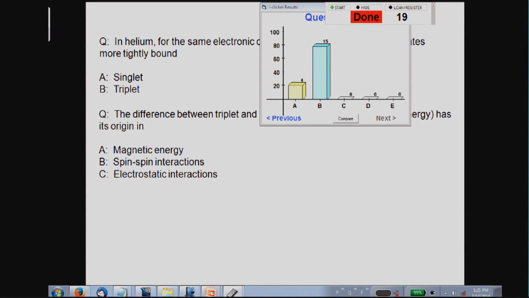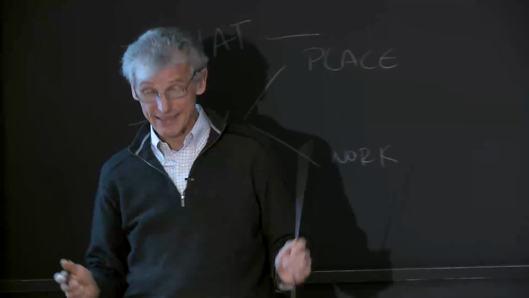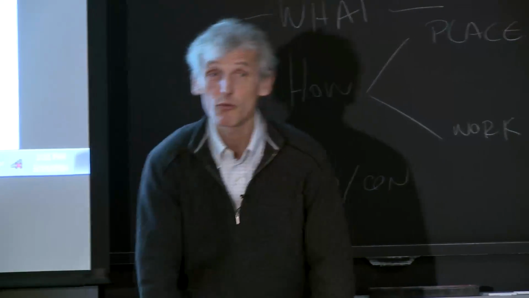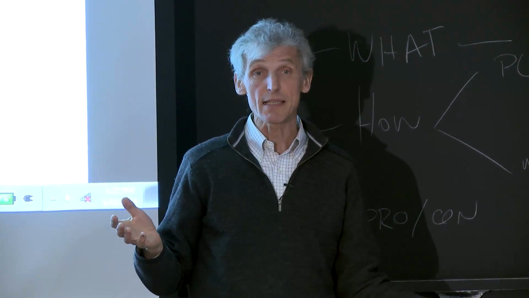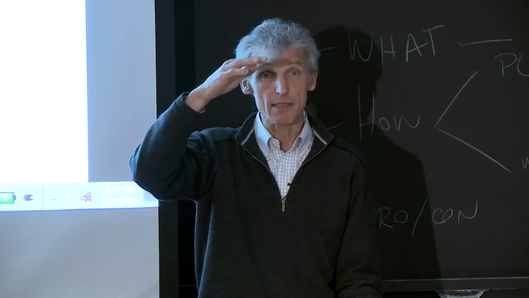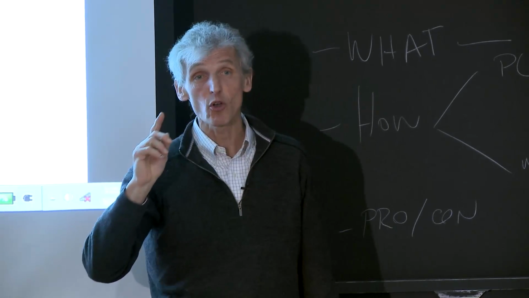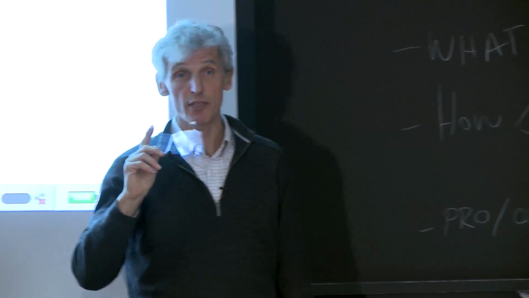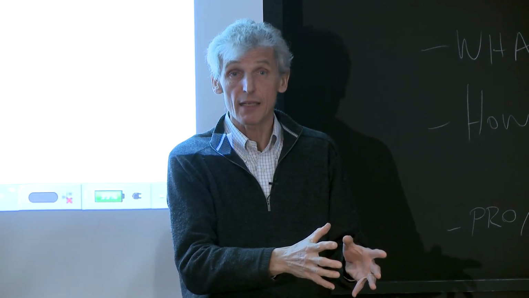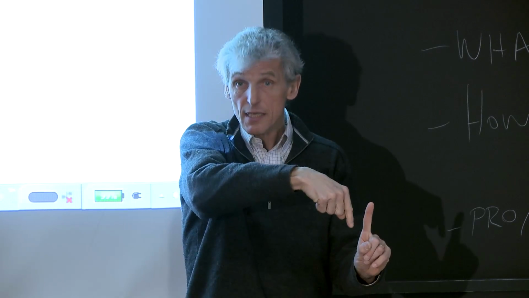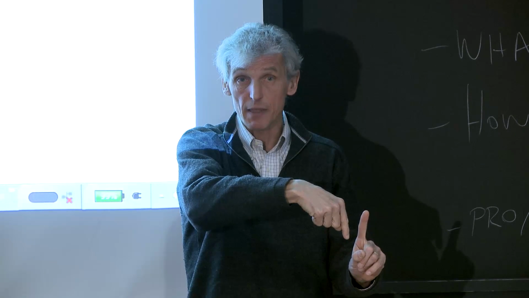Okay, we are converging. It is the triplet state. Some people are confused when they think about molecules. Usually in molecules, the singlet state is more tightly bound than the triplet state. But the key is that it is for the same electronic configuration. You can have one orbital filled with 2 electrons only in a singlet state because of the Pauli exclusion principle.